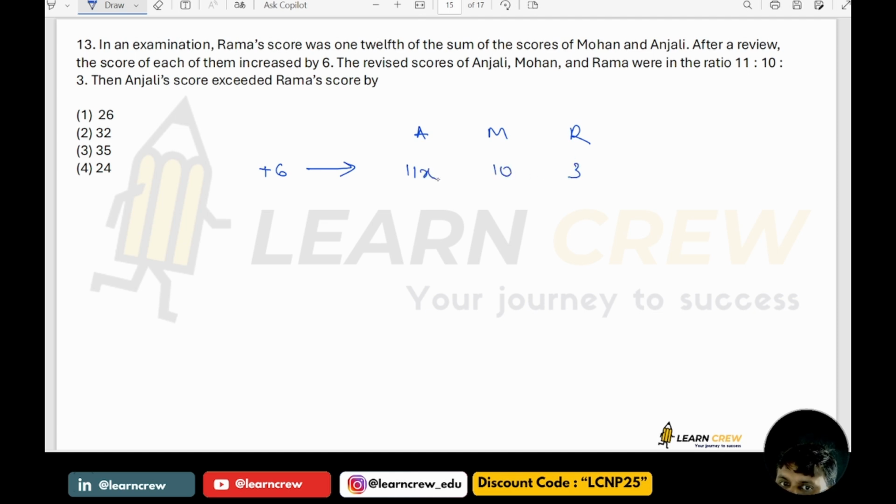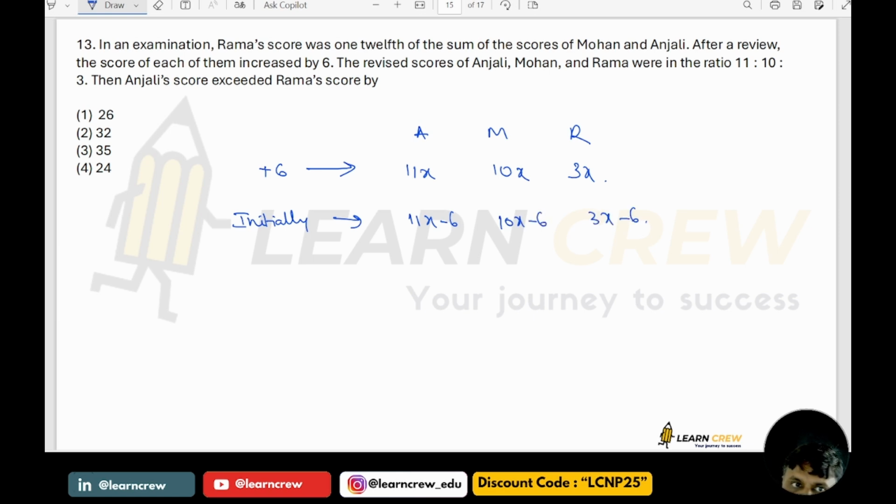So it is 11x, 10x, 3x. So initially, before increasing, it is 11x minus 6, 10x minus 6, and 3x minus 6.